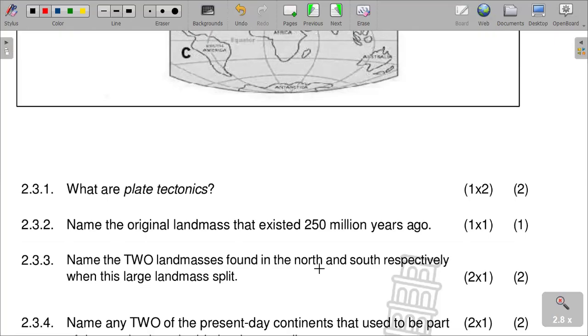What is plate tectonics? Plate tectonics is a theory that describes the Earth's surface as consisting of what? As consisting of several plates that are slowly moving.